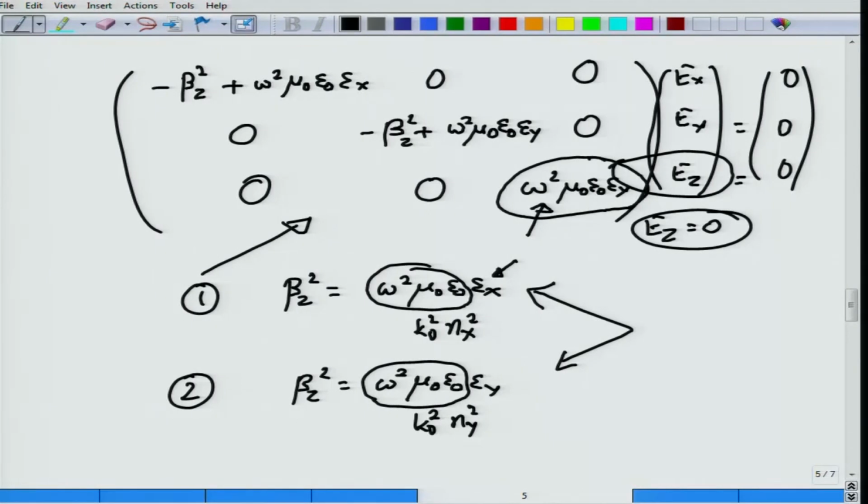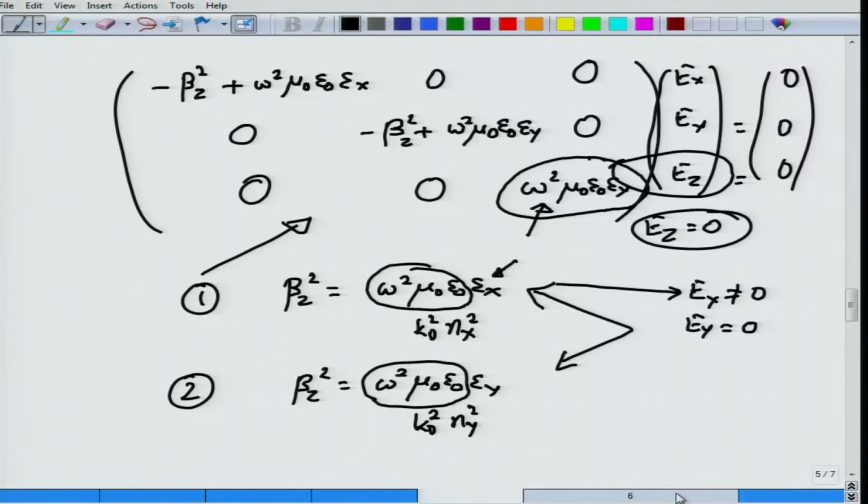Okay. So if you force the first condition that beta z square is equal to k0 square nx square, then you can actually have Ex to be non-zero. So this actually implies that Ex is not 0, whereas Ey will be equal to 0.